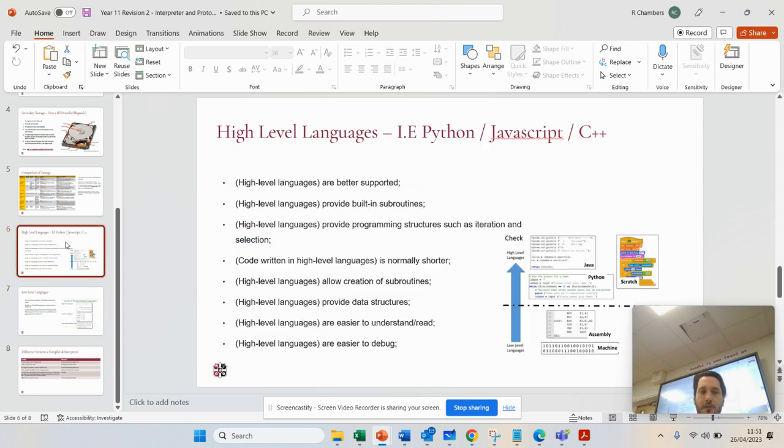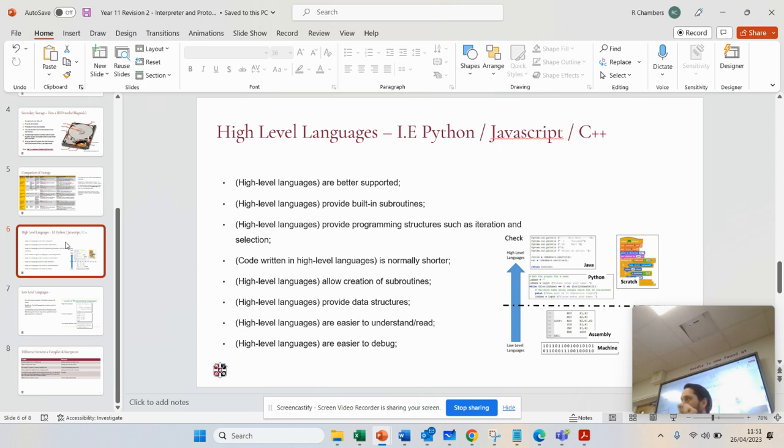Now, just so you know, these are taken from exam specs, from exam mark schemes. So high level languages are more supported worldwide. What that means when it says it's better supported is there is lots of guidance there. Think about it. When you open up PyScript in my lesson, if there's something you don't understand, you can go to the help files and it will bring it all up for you, won't it?